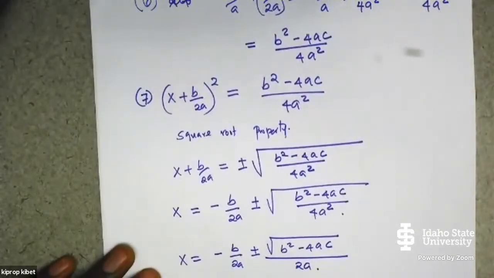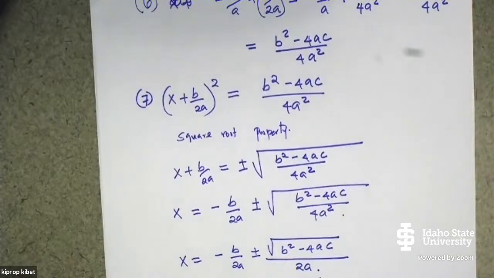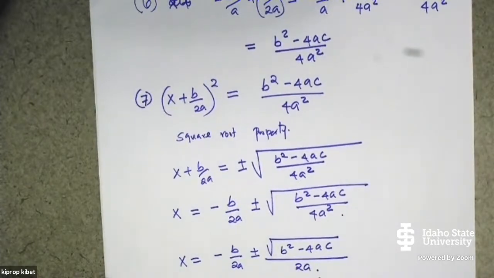So finally, our x equals minus b plus or minus the square root of b squared minus 4ac, all over 2a. And that is our quadratic formula.